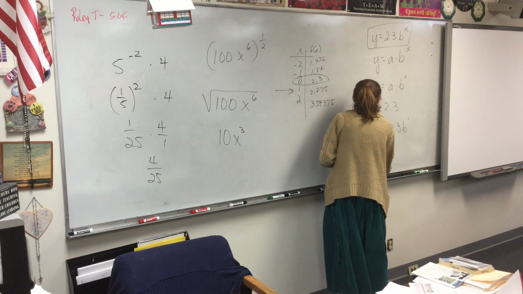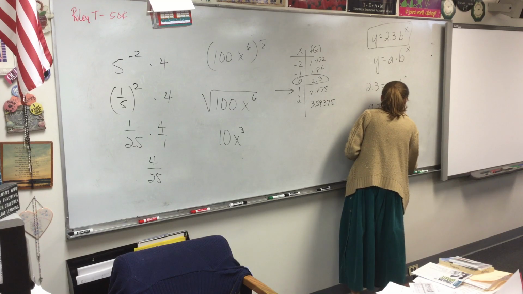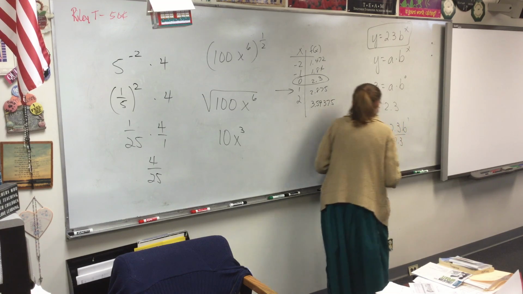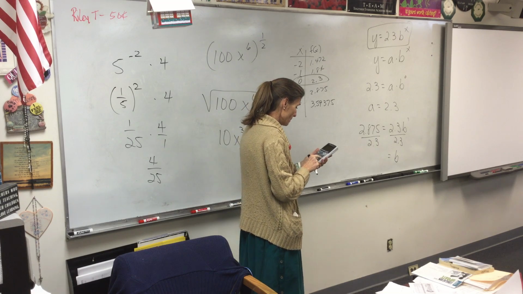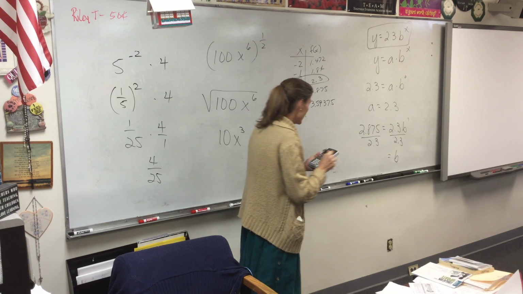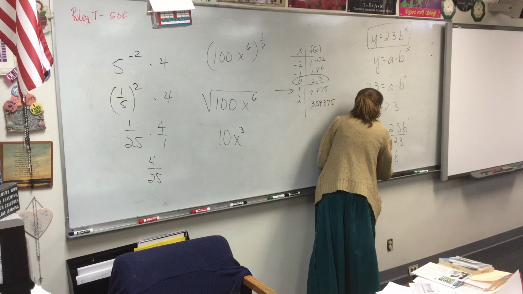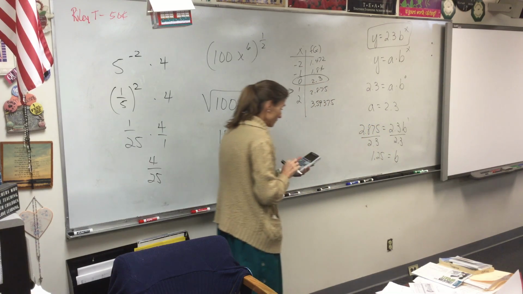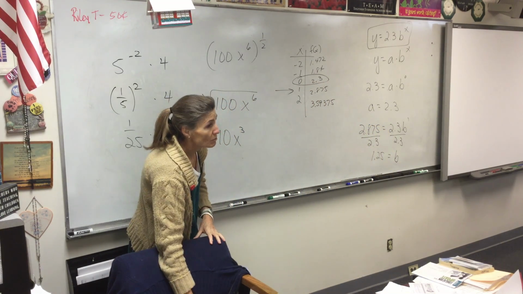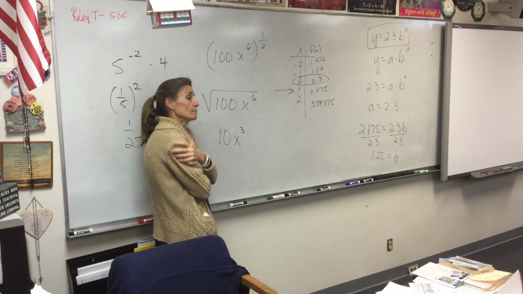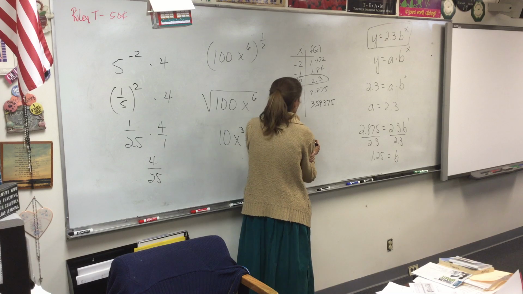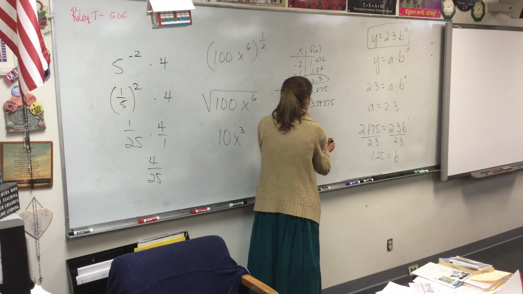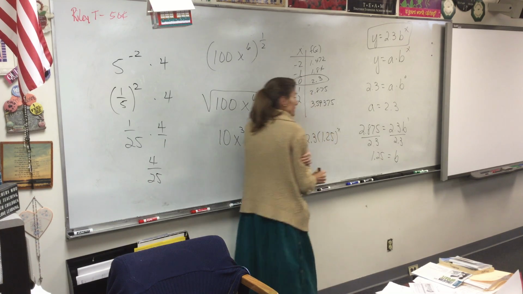So the first thing we're going to do is divide. Oh, and that's going to give us our answer, isn't it? 1.25. Do not forget to write your answer. Y equals 2.3 times 1.25 to the x.